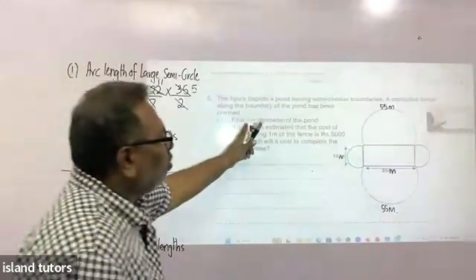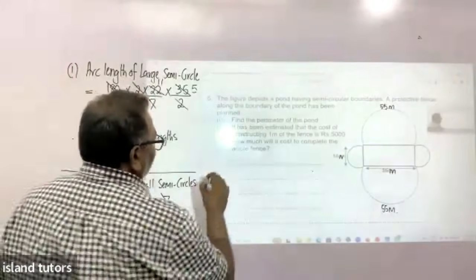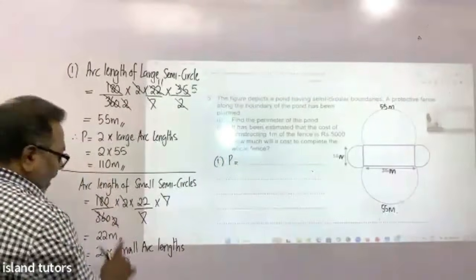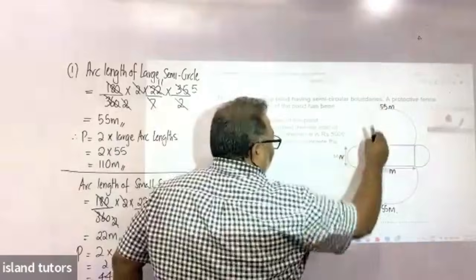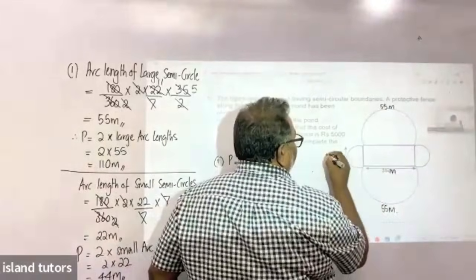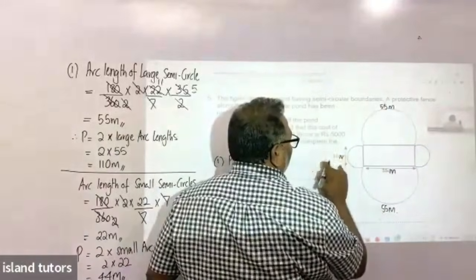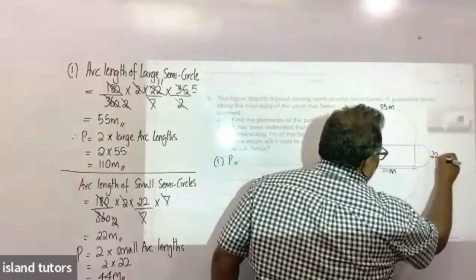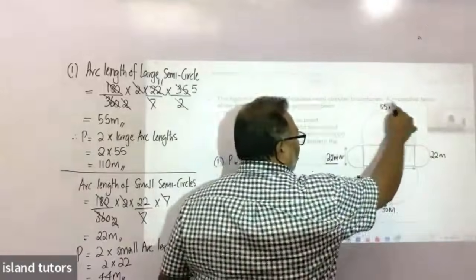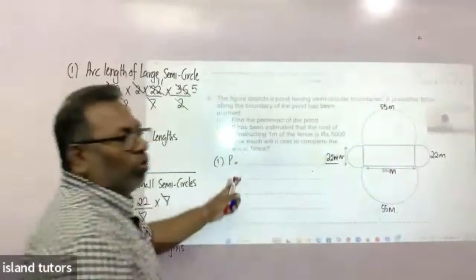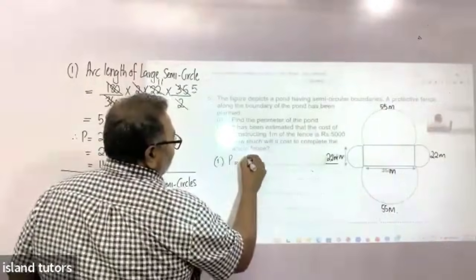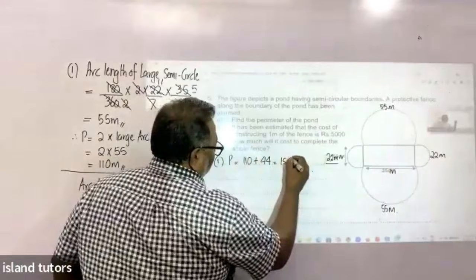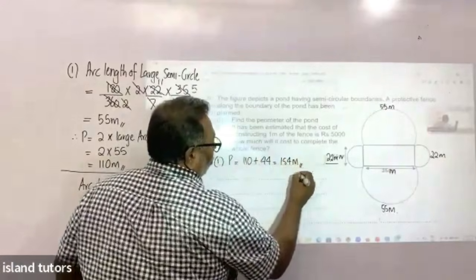Right, so then they're asking you what is the perimeter of the pond. For the first question, perimeter is equal to 110 plus 44, that is 55 plus 55, and this you are having 22, and this side also 22 meters. So the addition of all of this gives you the total perimeter, that is 110 plus 44, which is 154 meters.